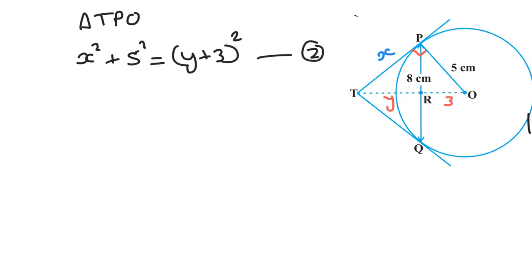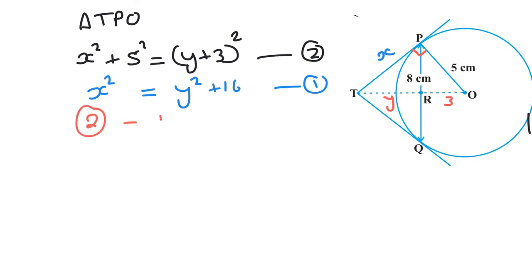Remember what was our equation 1? Our equation 1 was x squared equal to y squared plus 16. Let's subtract 1 from 2. So what do we get? Subtracting 1 from 2, that means equation 2 minus equation 1.